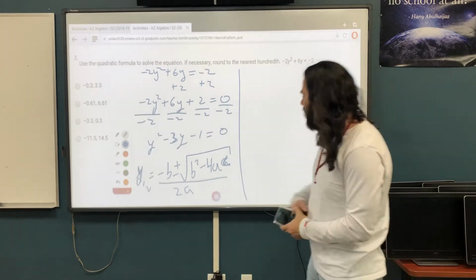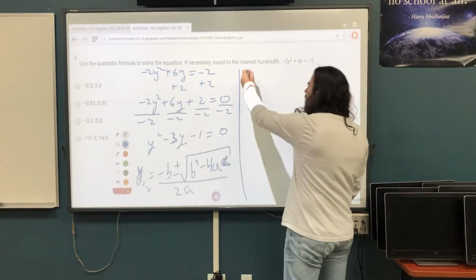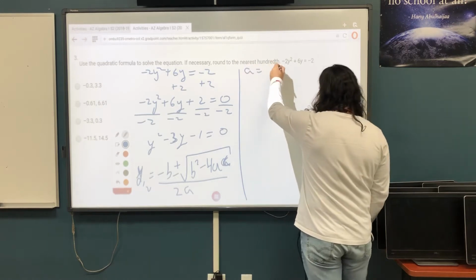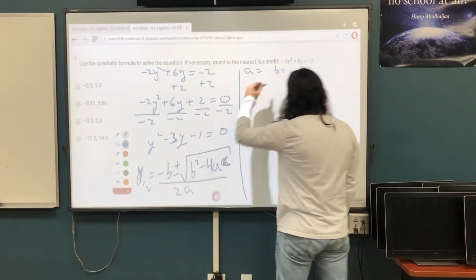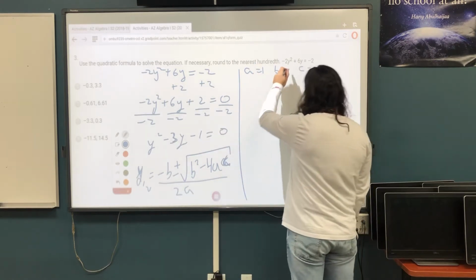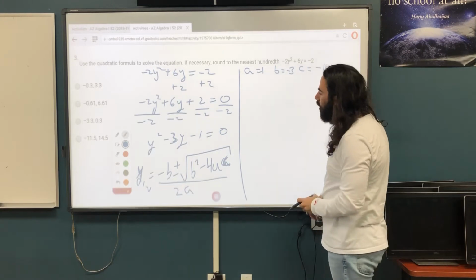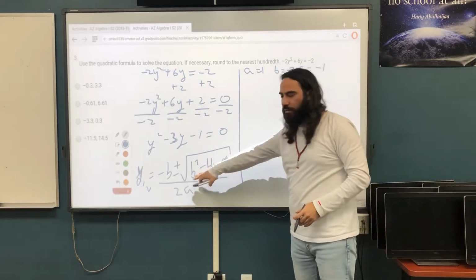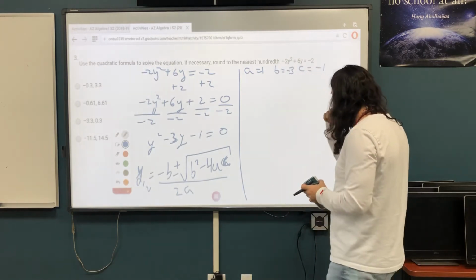So first you need to find a, b, and c, of course, and we learned how to find them. a is 1 because we have 1y squared, b is negative 3, and c is negative 1. Plug these numbers into the formula and you will get your solution.